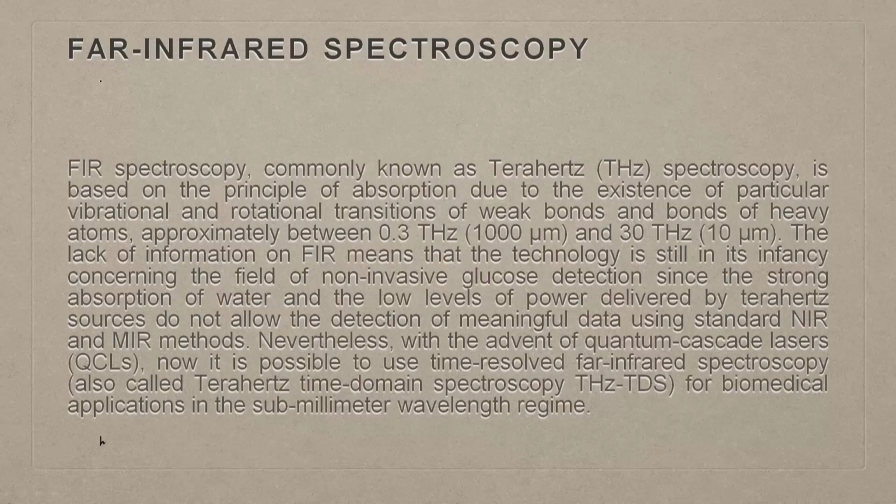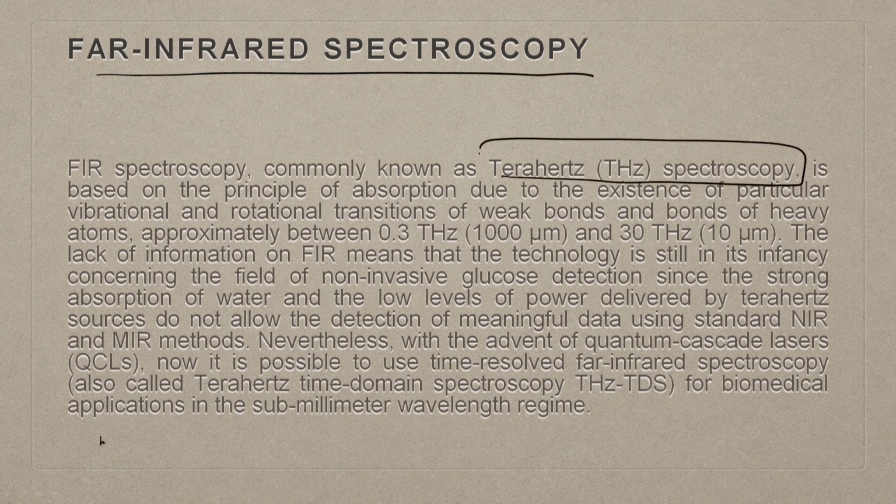As we talk about far infrared spectroscopy, which is also called terahertz spectroscopy, it is based on the principle of absorption due to the existence of particular vibrational and rotational transitions of weak bonds and bonds of heavy atoms, approximately between, this is the number you have to realize, 0.3 terahertz, which is 1000 micrometer, to 30 terahertz, which is 10 micrometer.